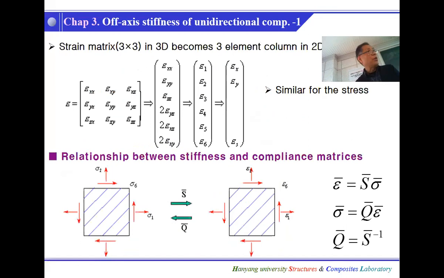Well, this one I already explained, so we can go through it quickly. So this is 3 by 3 strain. I forgot to mention this too, because this is all tensor strain, and this one is the engineering strain, and this is the tensor strain, but in vector form. The only difference is a factor of 2. Why do we bother with tensor or engineering strain?